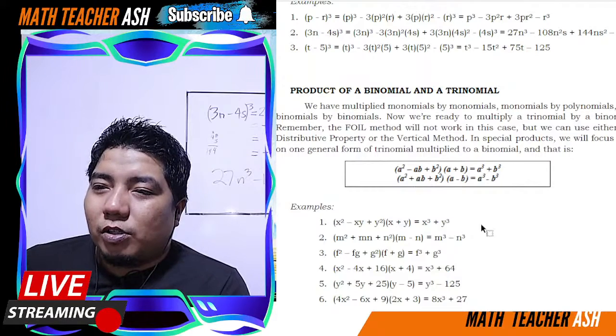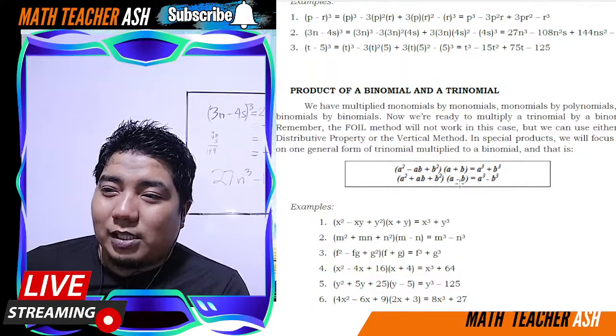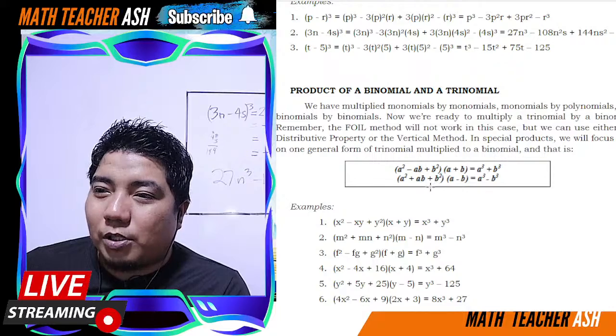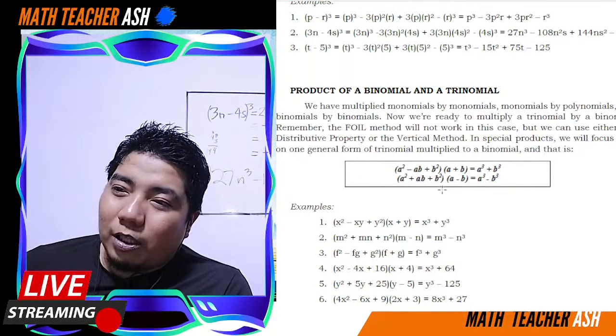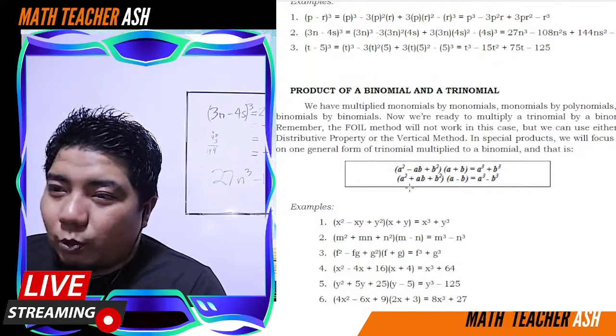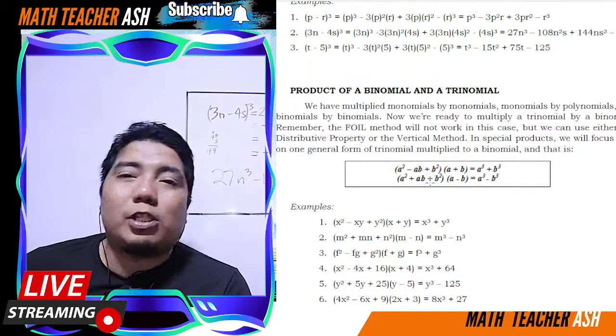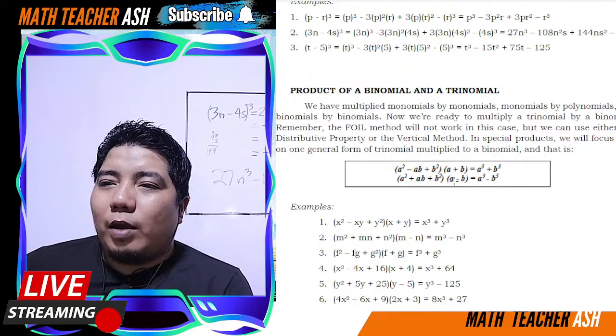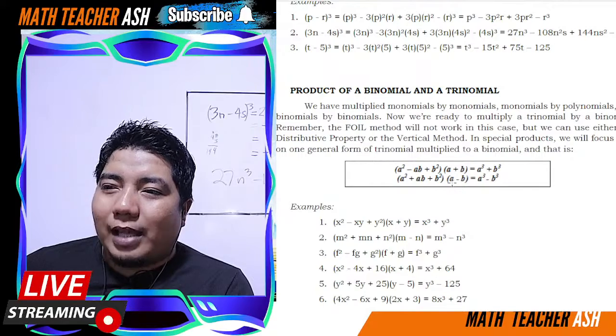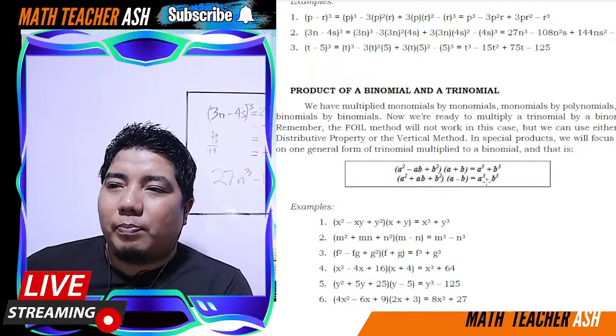Likewise, pag a minus b naman, tapos ang ka-multiply niya is puro addition, which is a squared plus ab plus b squared, then what you will do is you get the cube of a and the cube of b, then minus.